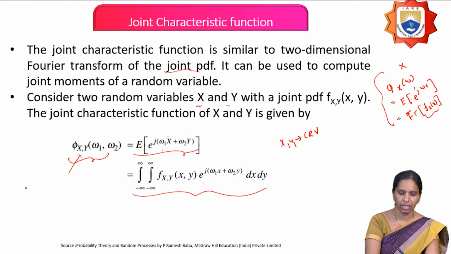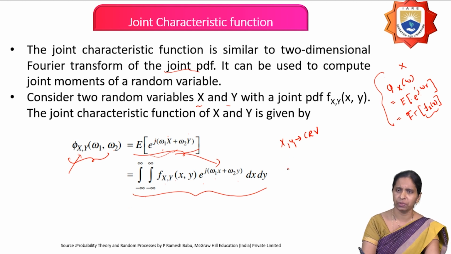Because we know the expectation of any function, in the case of continuous random variables, is the integration of that function into the joint density function of the two random variables. Here x and y are the two random variables, therefore the joint density function is given by f xy of x comma y, into dx dy.